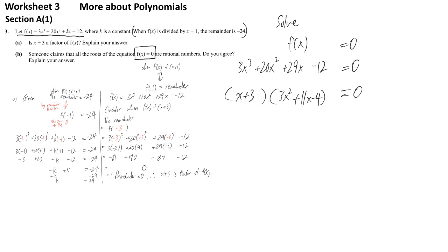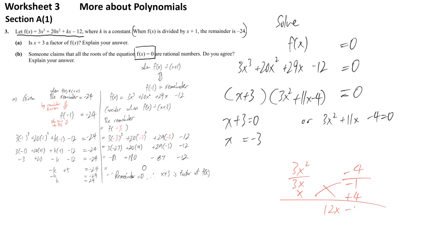Okay, so after that, x plus 3 is equal to 0, or 3x squared plus 11x minus 4 equal to 0. On the left-hand side, very obviously, x is equal to -3. This is one of our solutions, and we may have two more. Look here, you may use the formula or you may use the cross method. 3x squared, -4: 3x times x, and then it should be positive 4 because the difference is quite large here, times -1, and the bigger one should be positive.